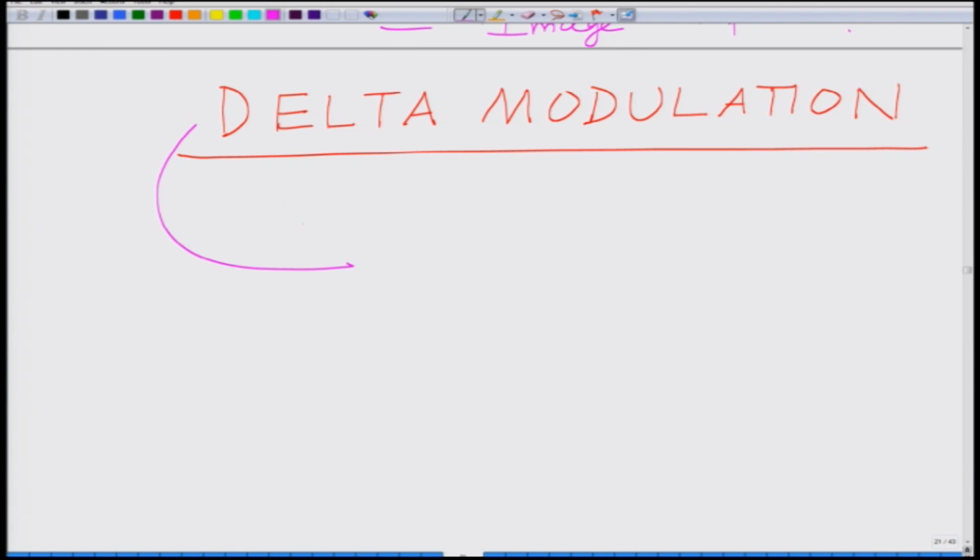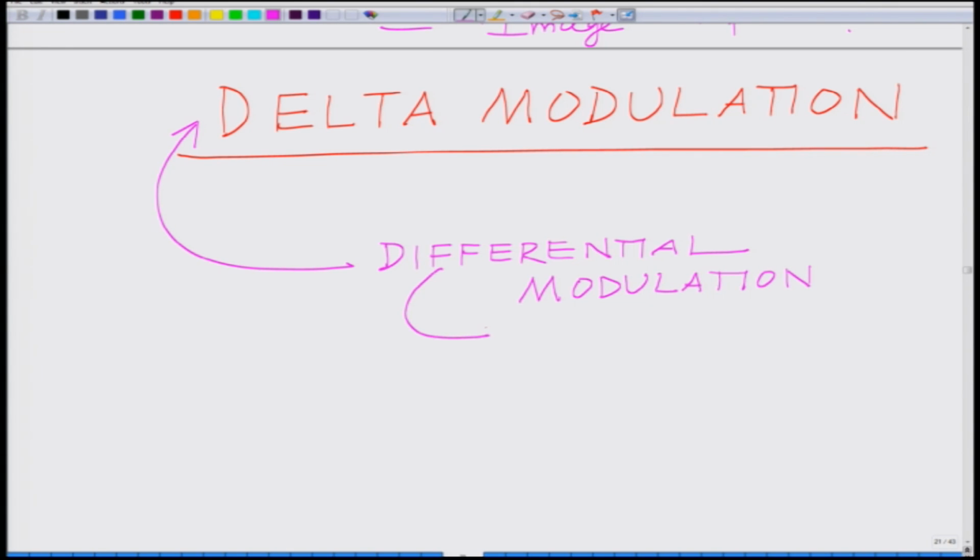Which is really a scheme for differential modulation, because it encodes the differences. It is a differential modulation scheme because it encodes the differences.